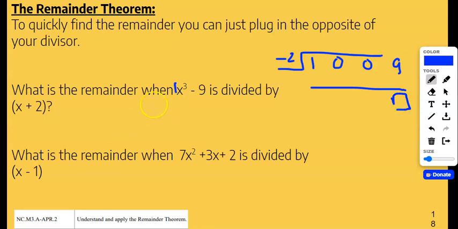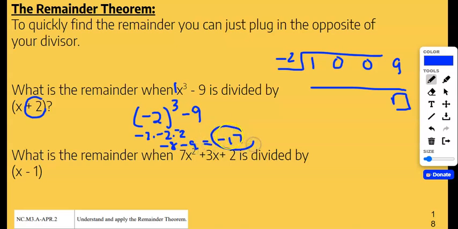But again, what we're learning today, all you have to do is plug in the opposite. So I'll plug in -2. -2 to the 3rd power is -8. And -8 minus 9 is -17. So that's the remainder.